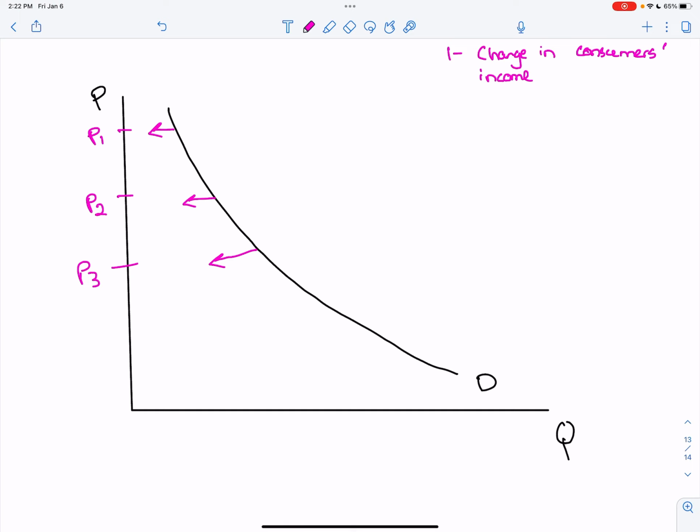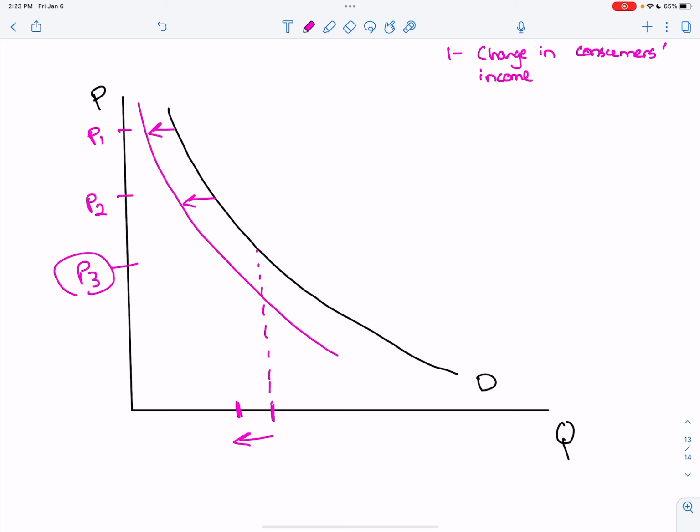So at P3, we want quantity demanded to go from something here to something further down here, a decrease in quantity. How do we represent this? It's simply represented by a leftward shift of the demand curve. The demand curve shifts to the left.